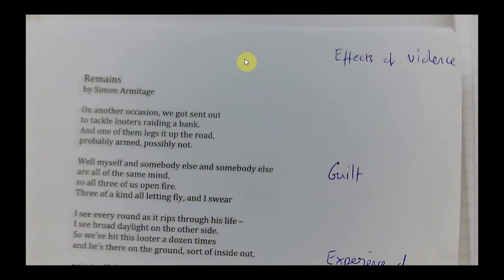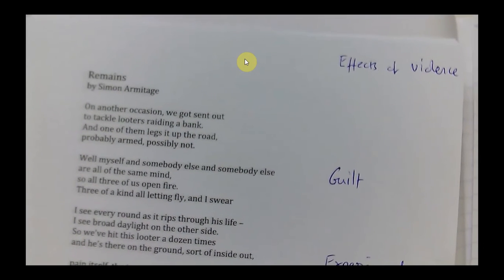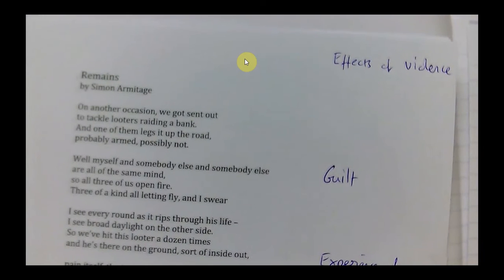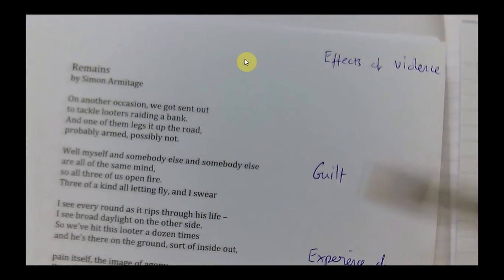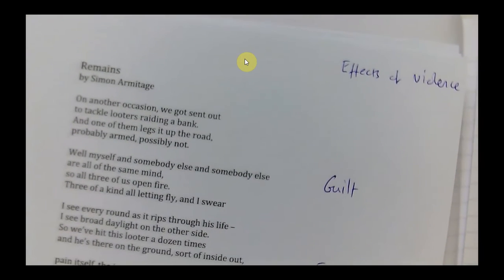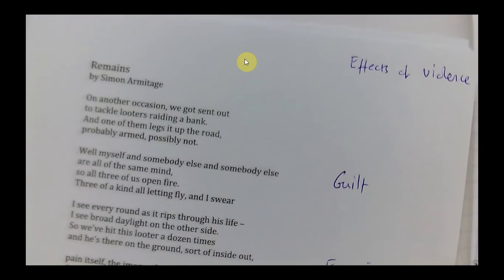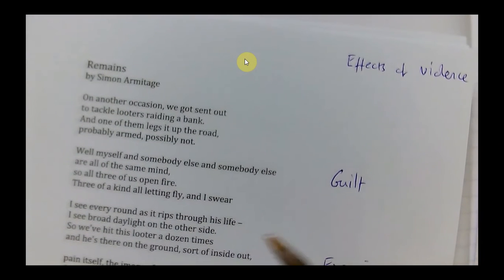Okay, so I've switched to my overhead camera now, so we can have a look at my copy of the poem. And what I've done, just to make life easy, is have the different themes listed down the side of my paper here. I recommend that for you, it's probably better to do it on just a different piece of paper, because by now you should be making notes all around here.